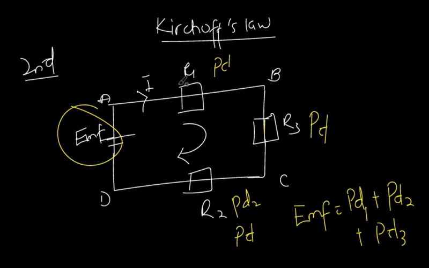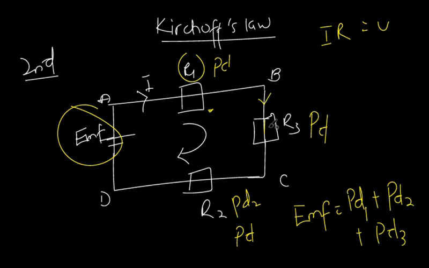And then what is the potential difference that we are talking about? This is simply the product of current times resistance, or volt. So when this current passes through this particular resistor, we multiply the current and the resistance, then we get the potential difference over this load.